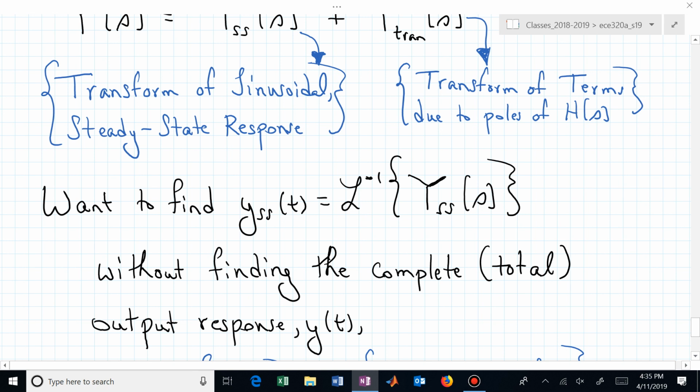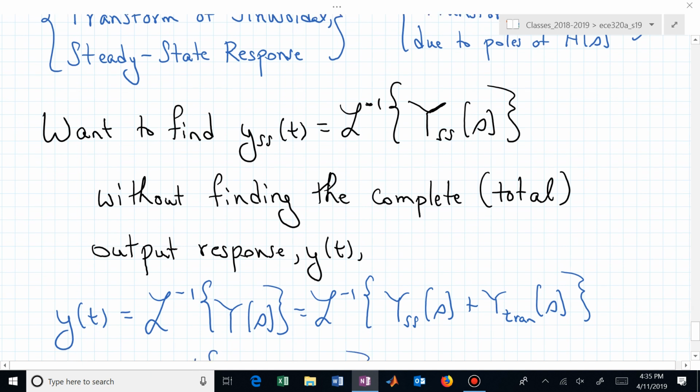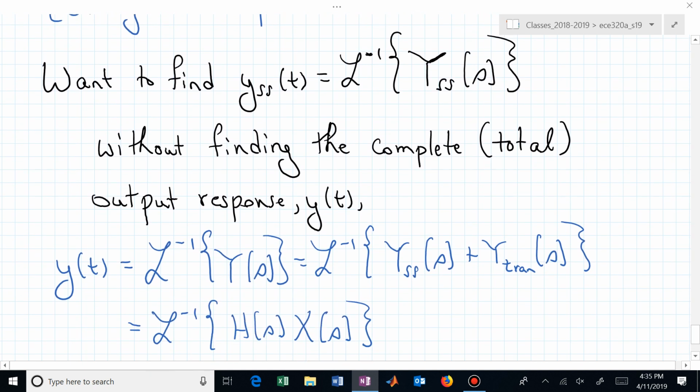You could do the partial fraction expansion and then throw away all of those transient ones and just focus on the one that's remaining that has the poles due to the sinusoid that we're exciting our system with. This would give us the total response. We just want to keep or focus on capital Y sub sinusoidal steady state.